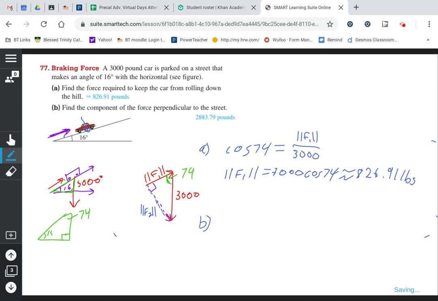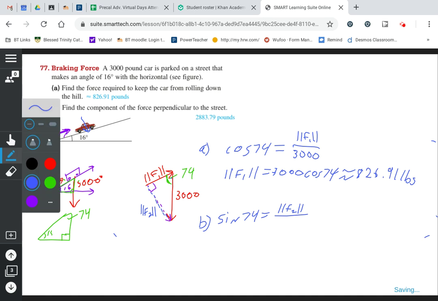So since we used cosine for the first one, I'm going to use sine for this one and just say sine of 74 equals my component of F2, my magnitude of F2 over 3,000. And again, I'm sorry for the writing. This touchscreen does not necessarily like me all the time.